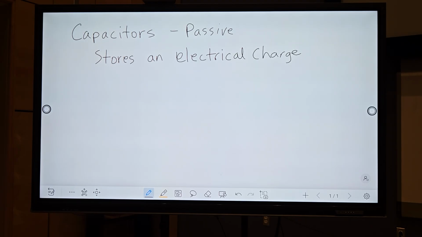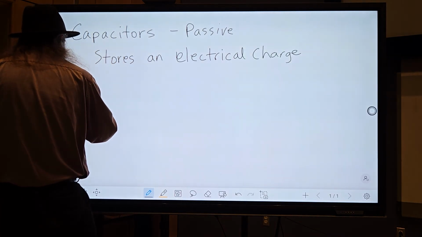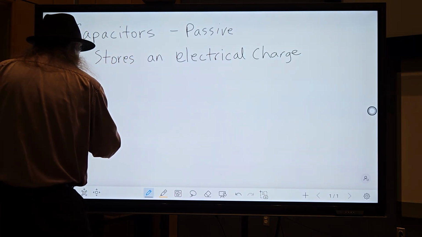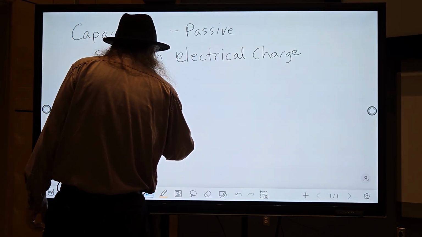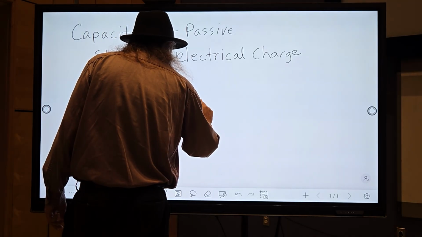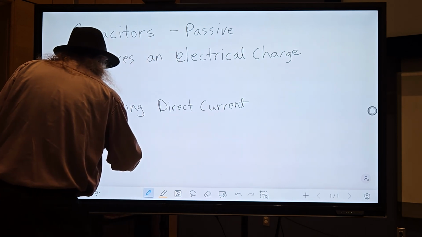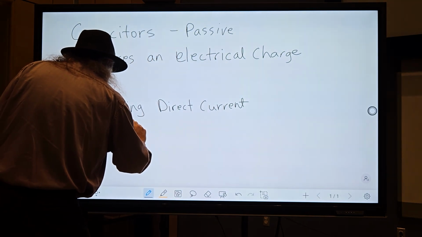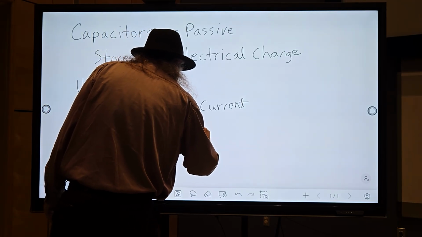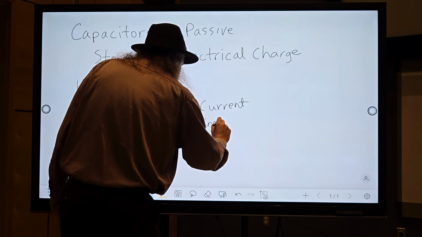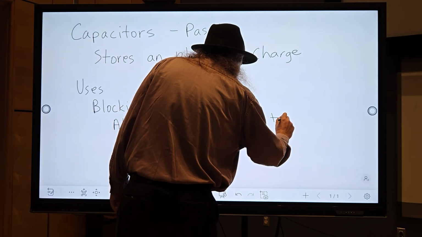But its uses are blocking direct current, which allows alternating current to pass.